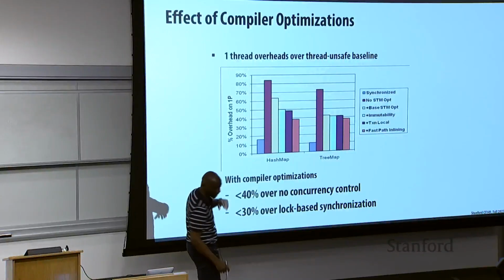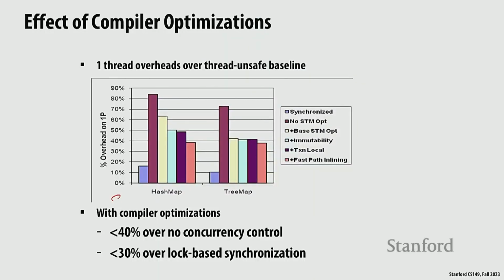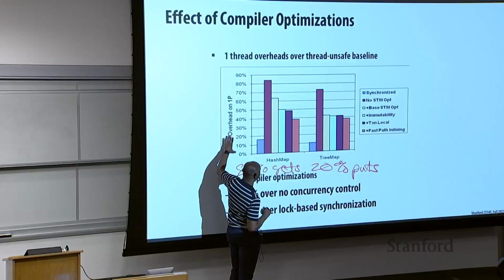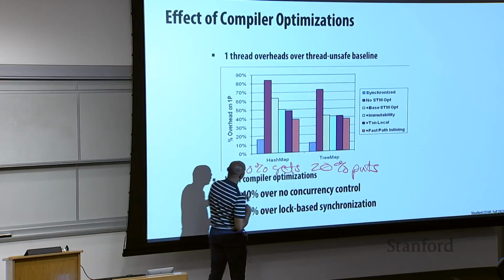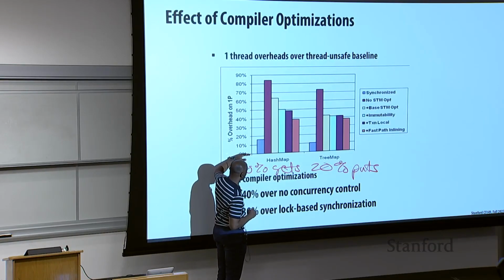For hash map, I think it was 80% gets and 20% puts. And so you look at the different bars, this is the overhead on a single processor. So you're trying to look at how much overhead you get. And so 0% would be the non-thread safe code.